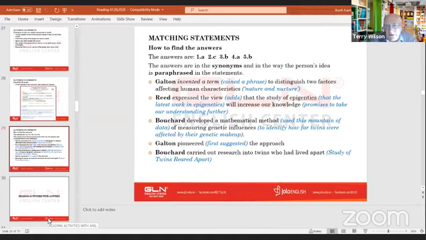And Bouchard developed a mathematical method, so he used this mountain of data of measuring genetic influences to identify how far twins were affected by their genetic makeup. And Galton pioneered or first suggested the approach. So Bouchard carried out research into twins who had lived apart. So it was called the study of twins reared apart.